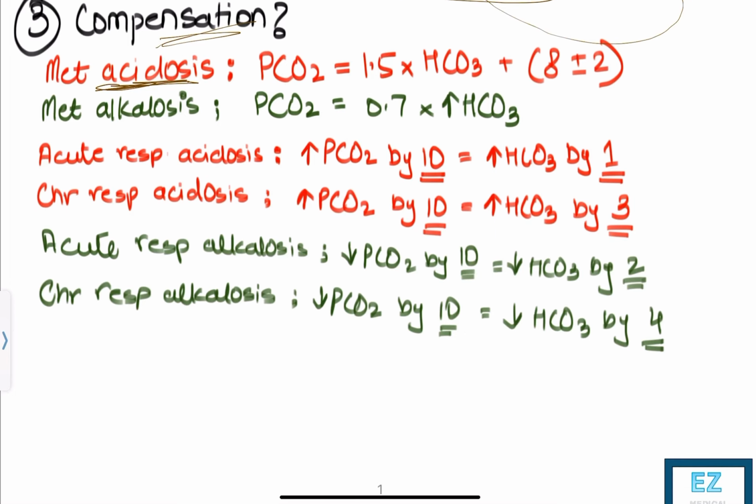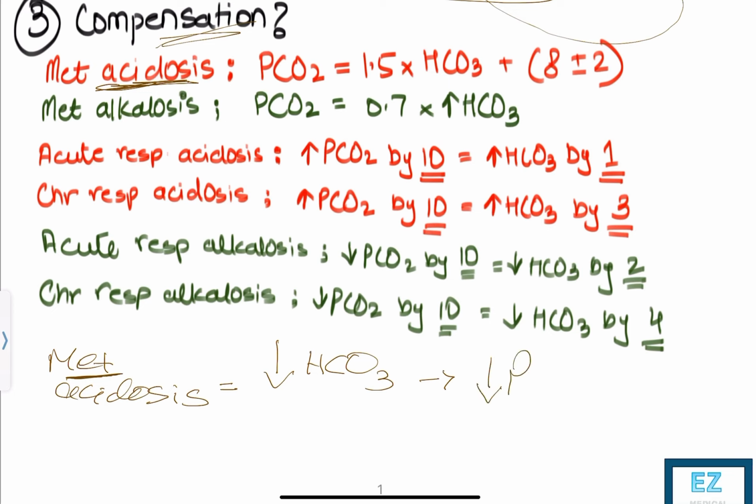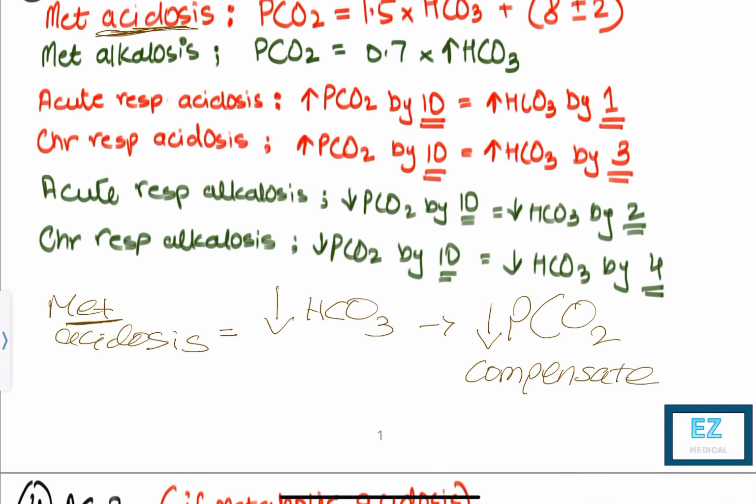Normally what would happen in a metabolic acidosis, you have a drop in your bicarb because it's metabolic, and as a result the opposite happens, which means that your PCO2 value should also drop to compensate. And it does this by releasing its H plus ions.